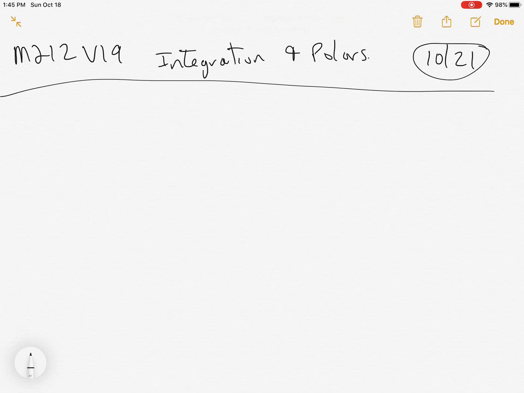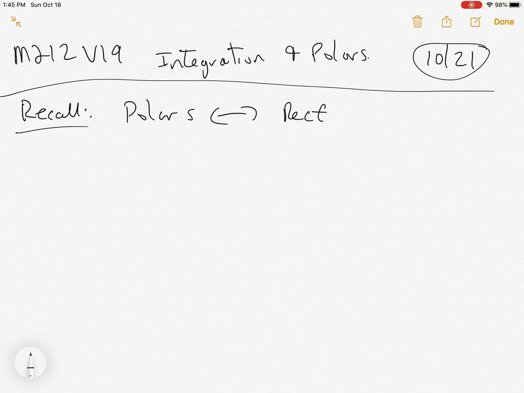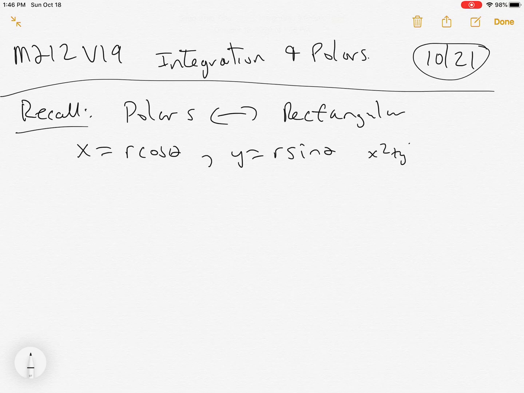Okay, last week we introduced polar coordinates, so I'm going to recall some stuff from there. To go from polars to rectangular, we use the identities: x equals r cos theta, y equals r sine theta, x squared plus y squared equals r squared.